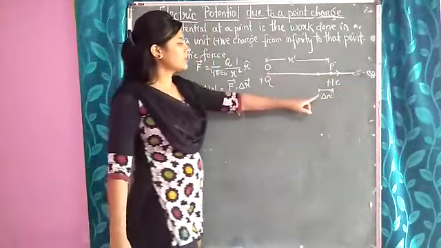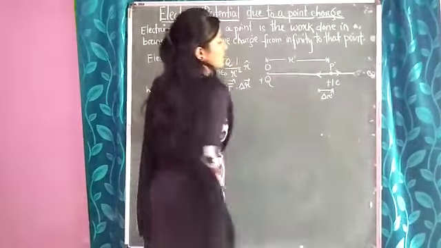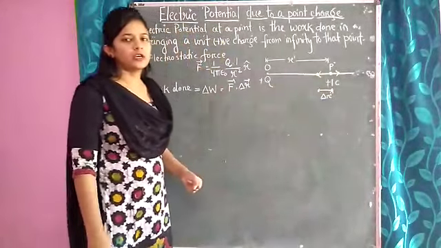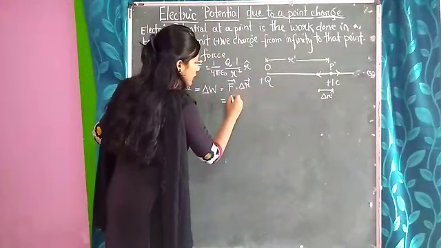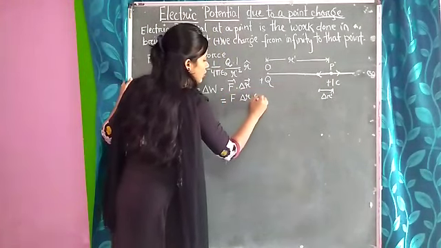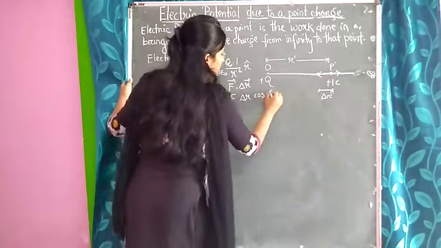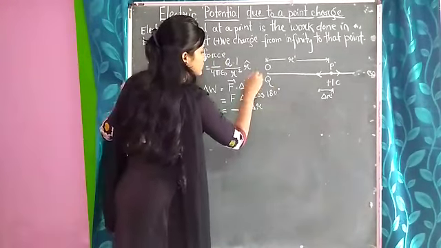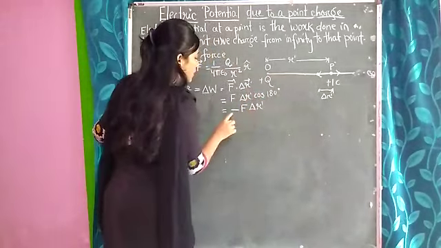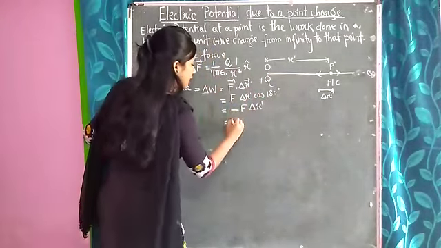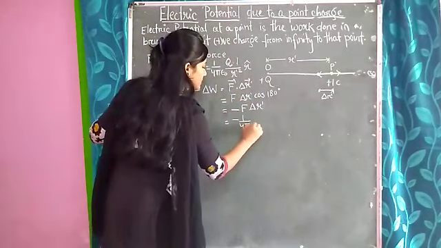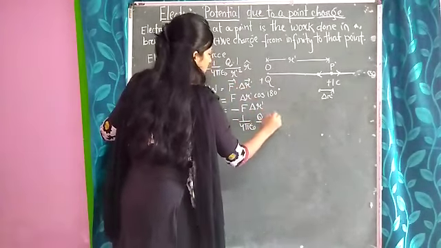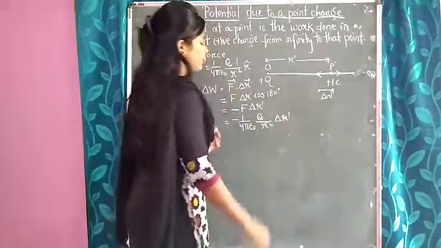But we are bringing the charge particle towards the left, so these two vectors have opposite directions. So we get F del r dash cos 180 degrees, that is minus F del r dash. And the expression of F is 1 by 4 pi epsilon naught Q by r dash square, into del r dash.